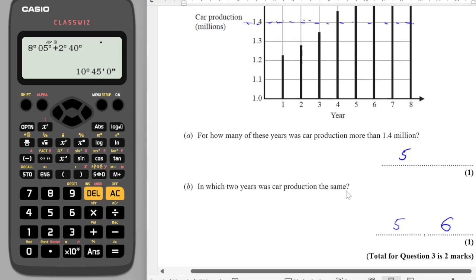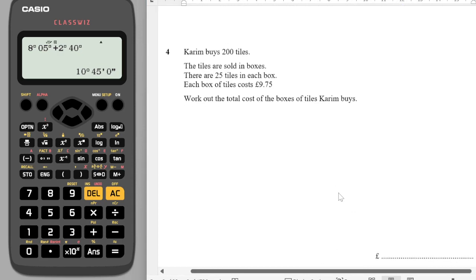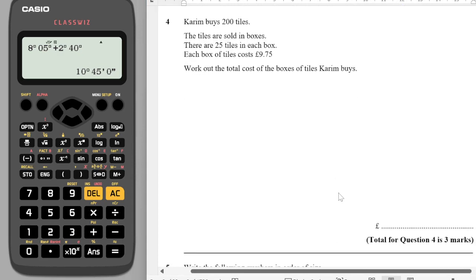Okay, and on to question 4. Karen buys 200 tiles. The tiles are sold in boxes. There are 25 tiles in each box. Each box of tiles costs £9.75. Work out the total cost of the boxes of tiles that Karen buys.